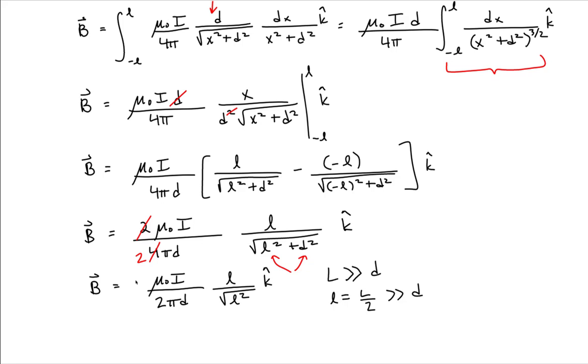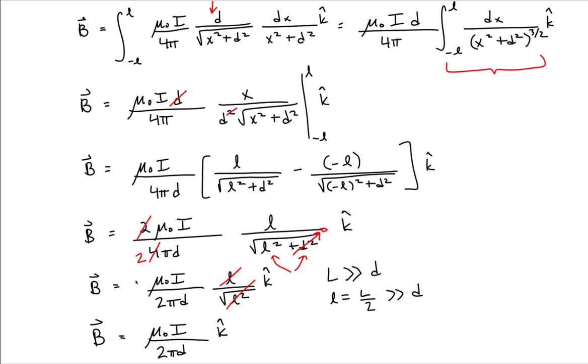So basically the d squared is negligible in comparison to L squared. Now, what this allows us to do is we see that we have an L in the numerator that cancels with an L in the denominator. And we now have the magnetic field is equal to mu naught I over 2 pi d.